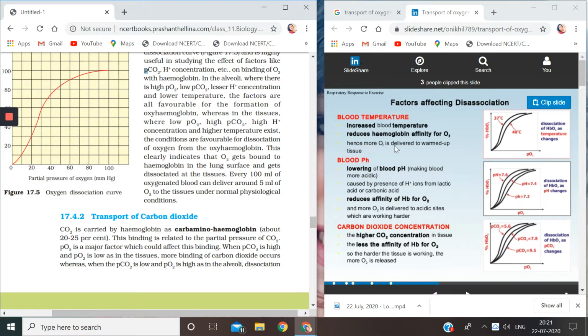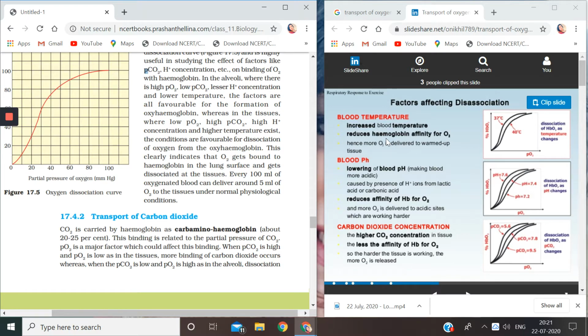Hence, more oxygen is delivered to warmed up tissues. Because binding will be reduced, dissociation will occur.